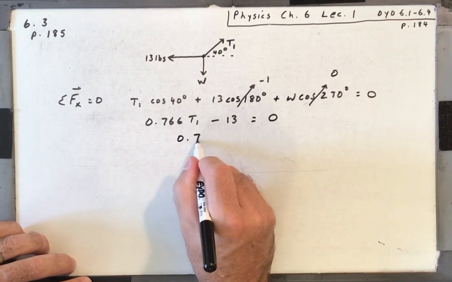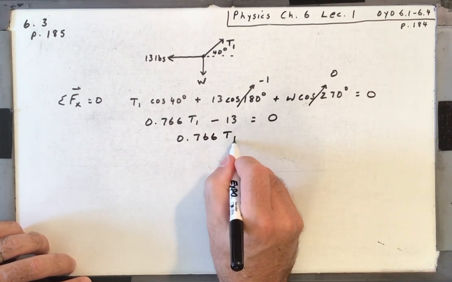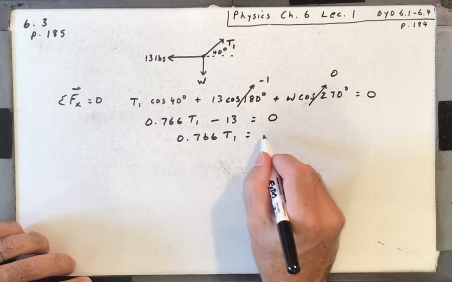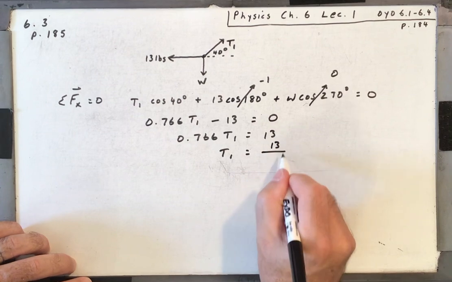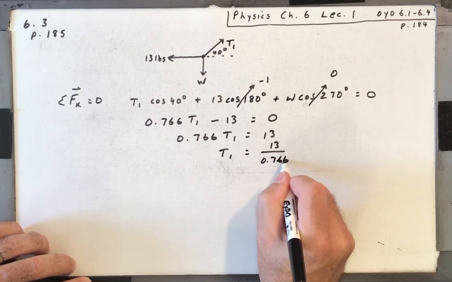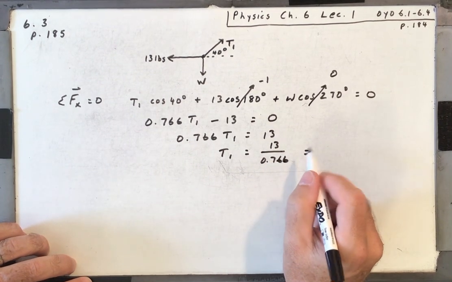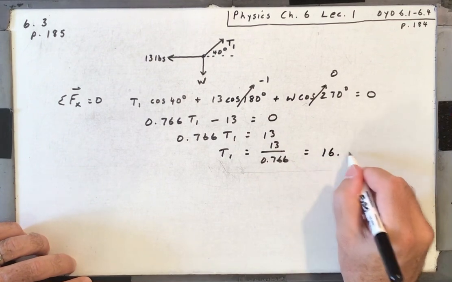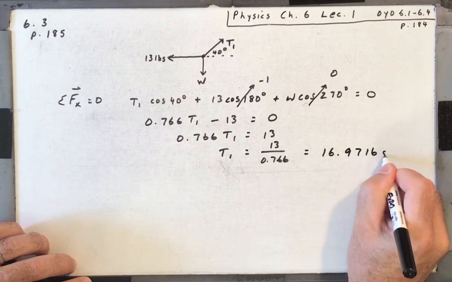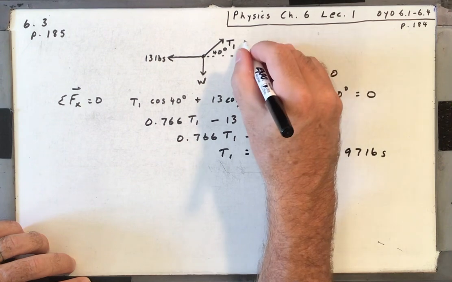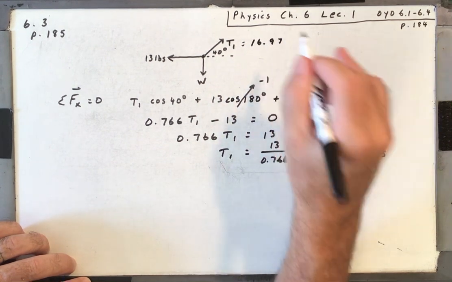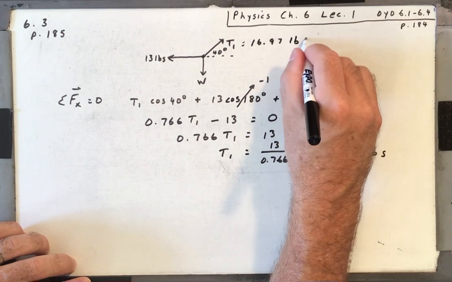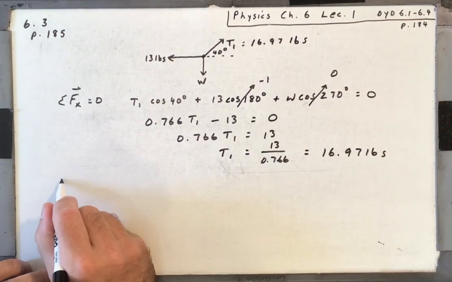So 0.766 T1 is equal to 13. So T1 is equal to 13 over 0.766, which is 16.97 pounds. All right, so I know T1, 16.97 pounds. Now let's look at the y direction.